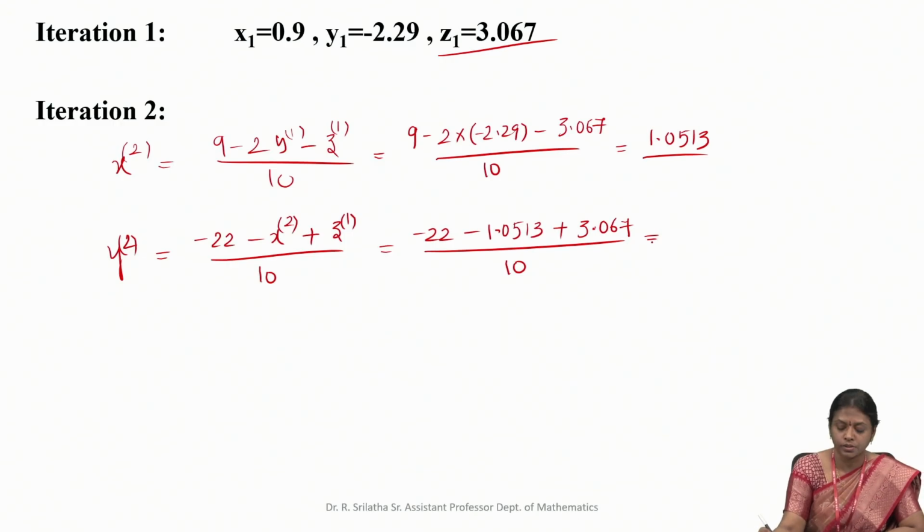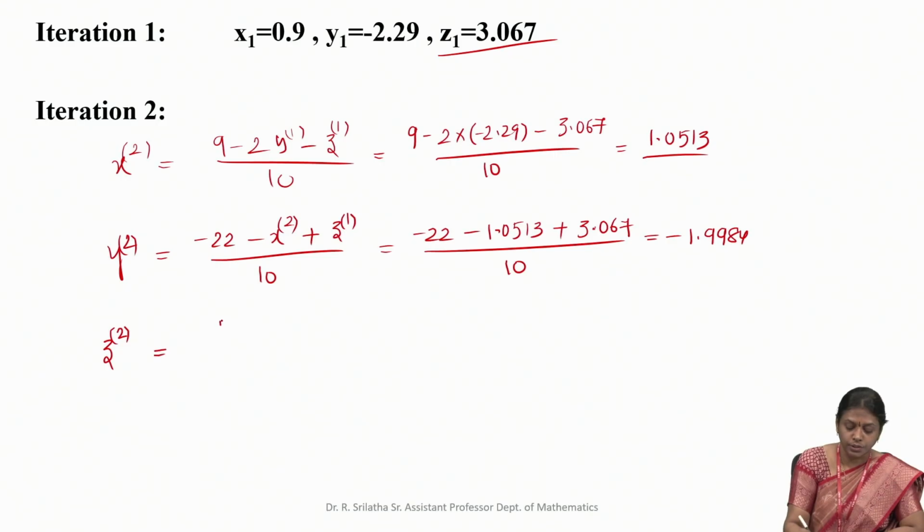So after calculation, the addition and subtraction of these elements, I got the value as minus 1.9984.